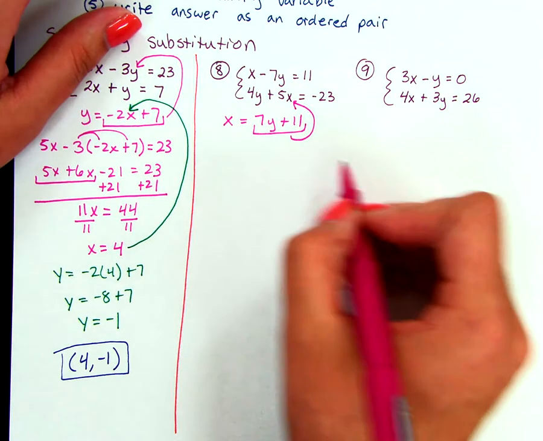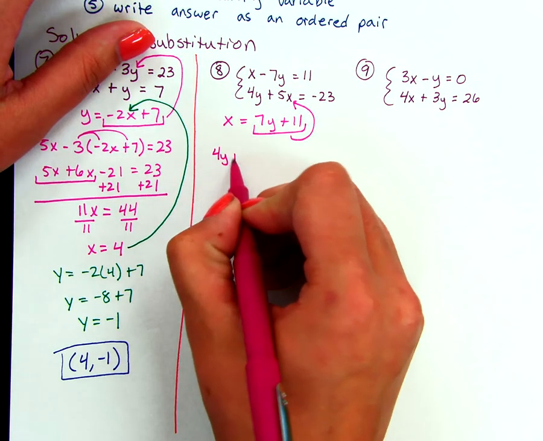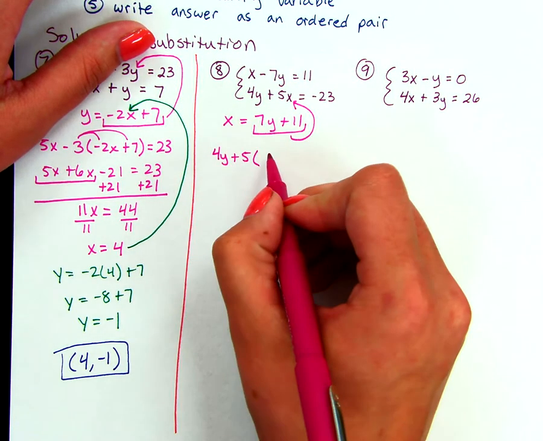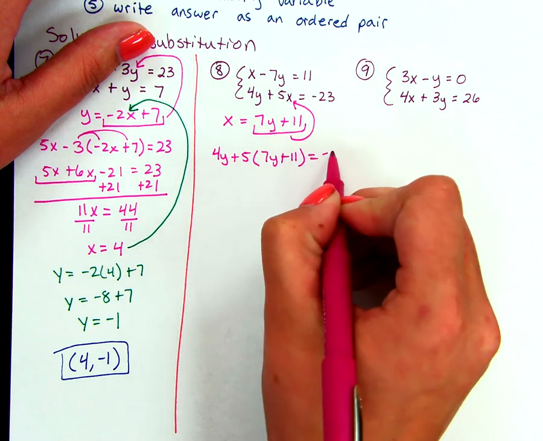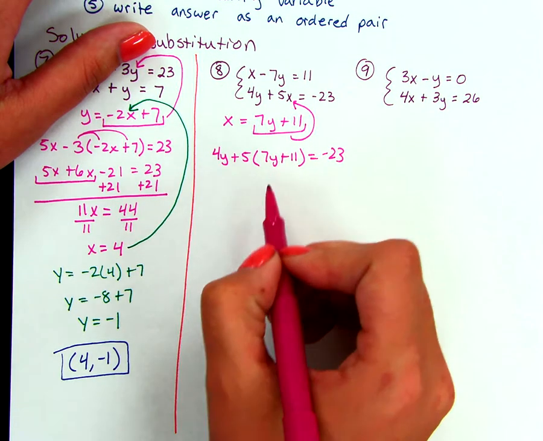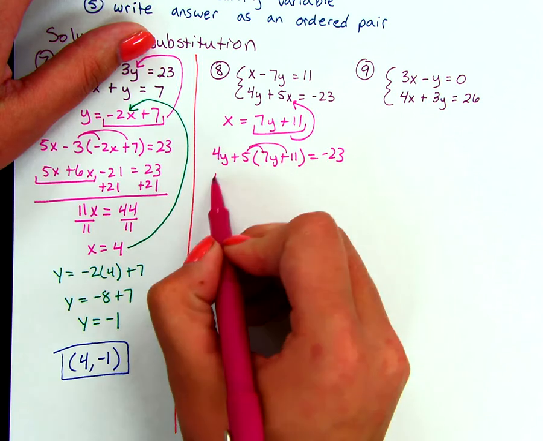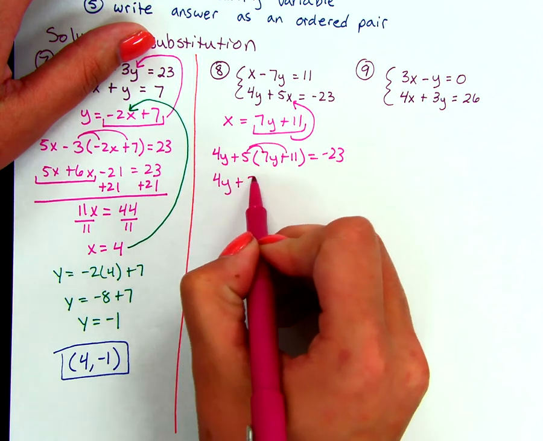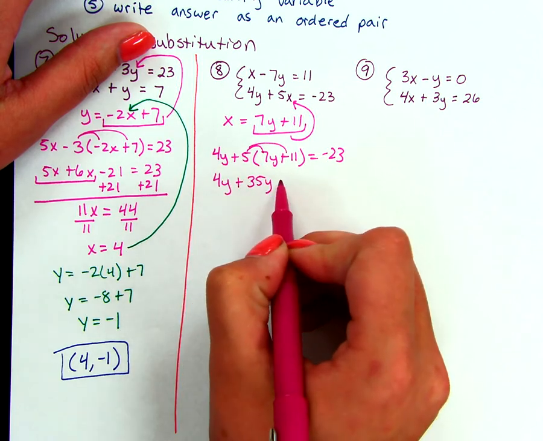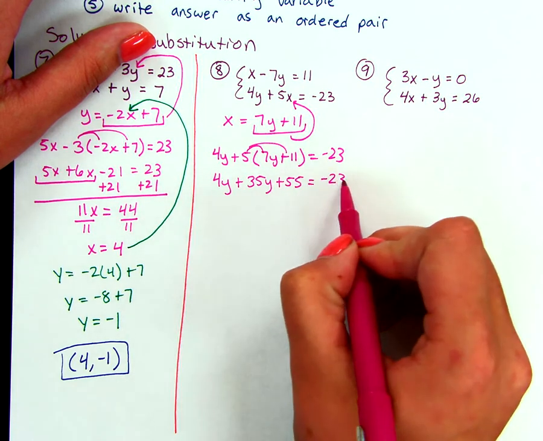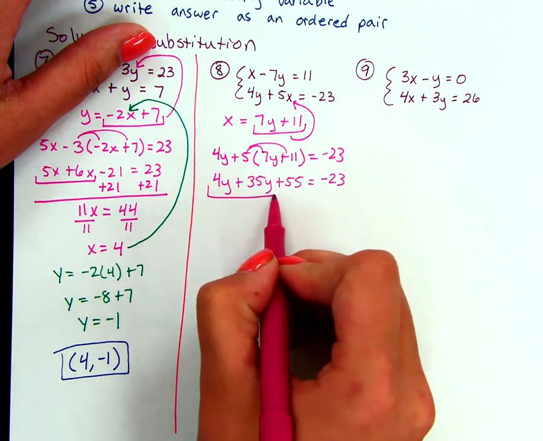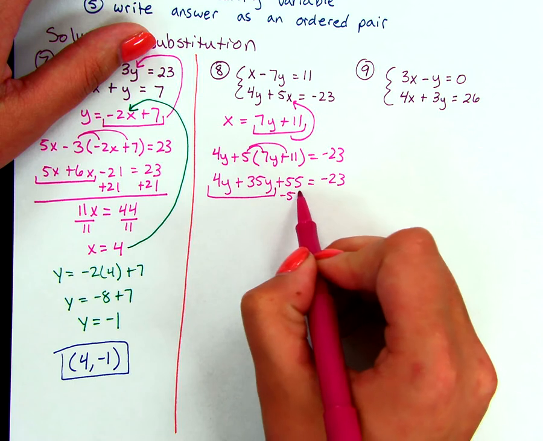So now if we substitute, we're going to have 4y plus 5 times a quantity of 7y plus 11 equals negative 23. So again, now I'm going to distribute. So 4y plus 35y plus 55 equals negative 23. So again, we're going to combine our variables, and we're going to move this number at the same time.